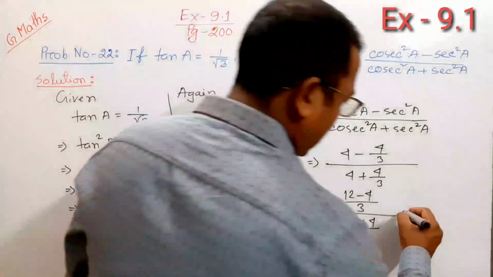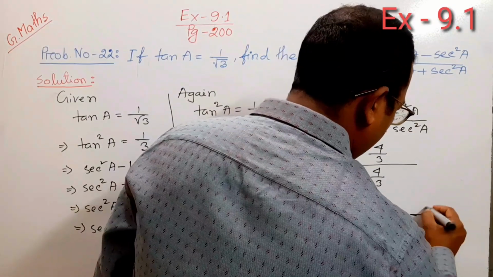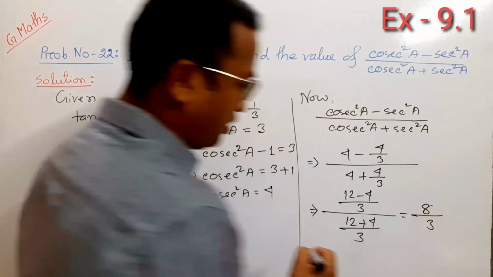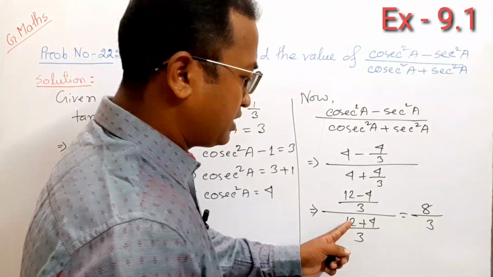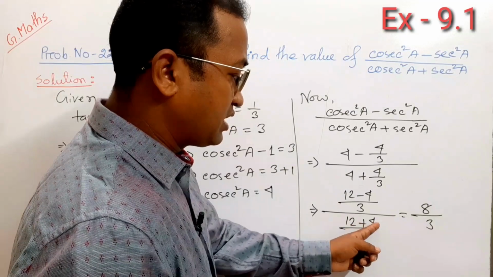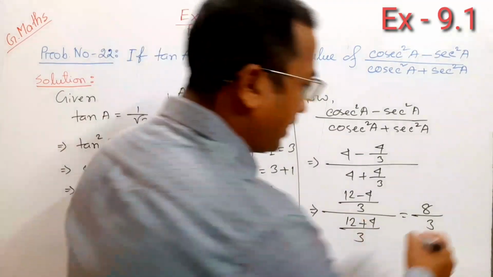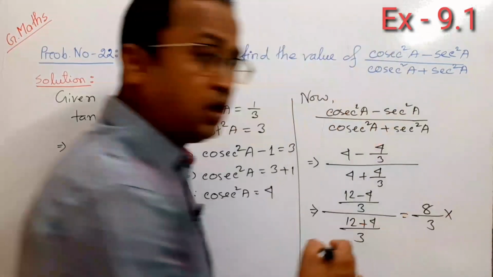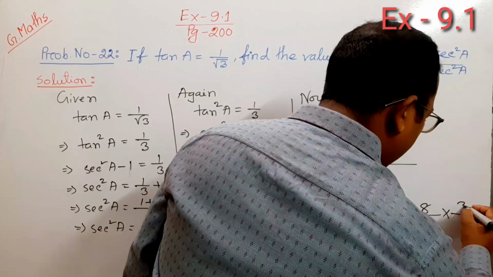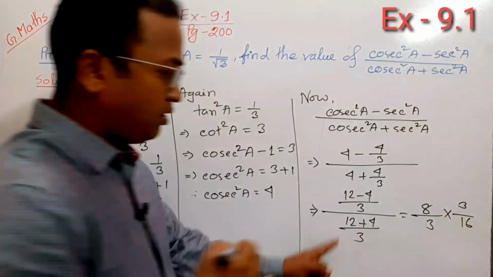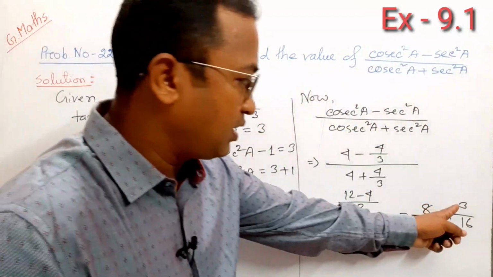So now it becomes 12 minus 4, that is 8 by 3, and this is 12 plus 4, 16 by 3. But if I give a multiplication over there, it will be the reciprocal, so 16 by 3 becomes 3 by 16.